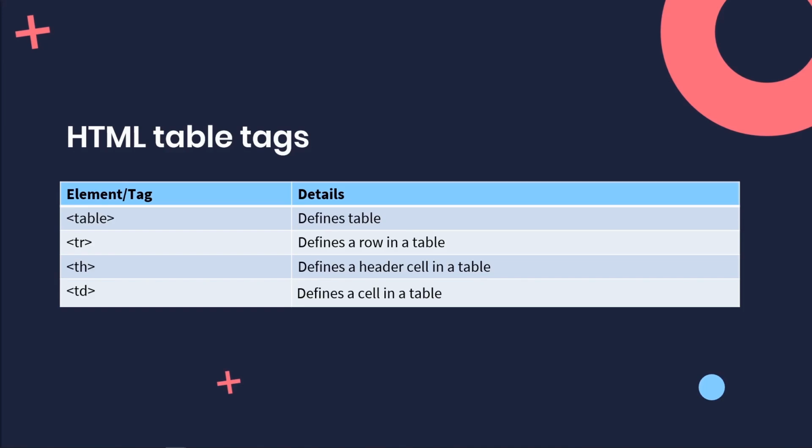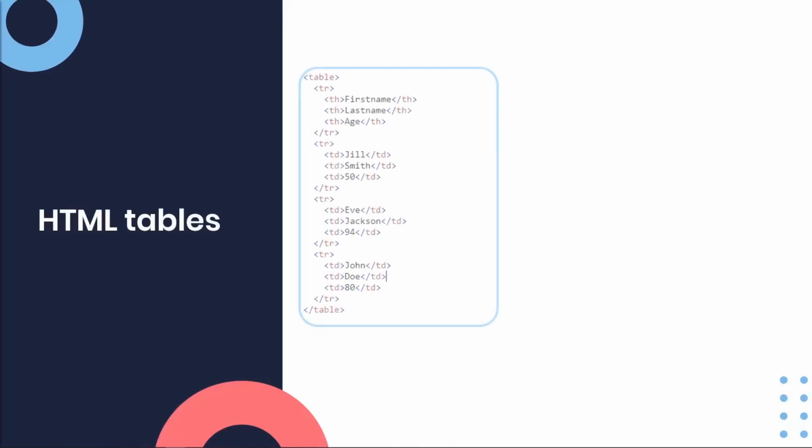And when we go through the example I'm about to show you, I want you to think about it like an Excel sheet, okay? Now, when it comes to HTML tables, here is a simple example of what the code would look like. And in this table, we only have something like 4 rows, but one of those rows is our heading, which consists of first name, last name, and age. And then below that, we have 3 separate rows.